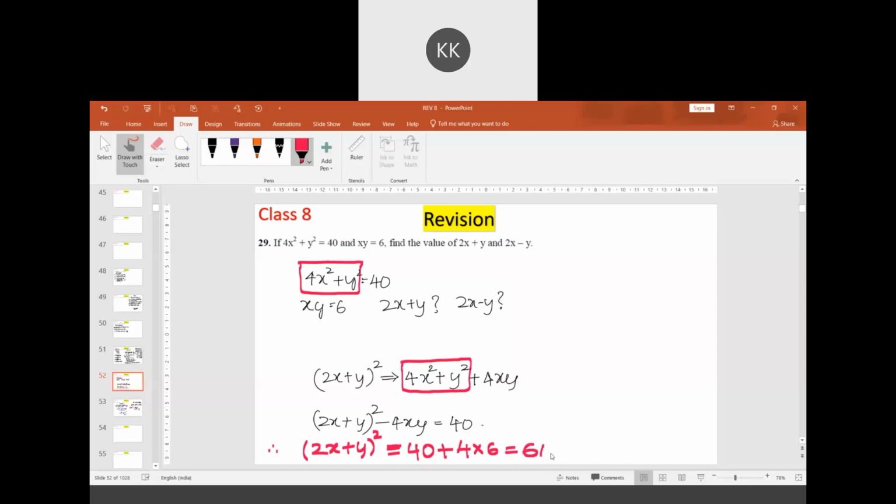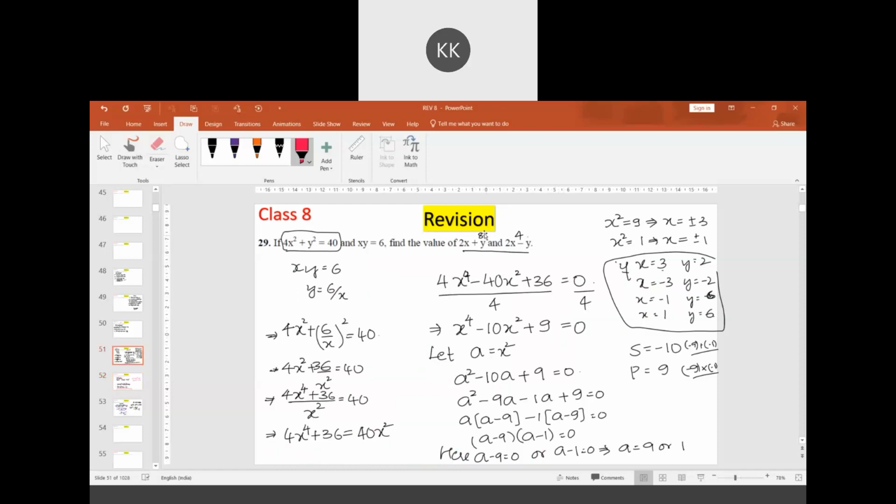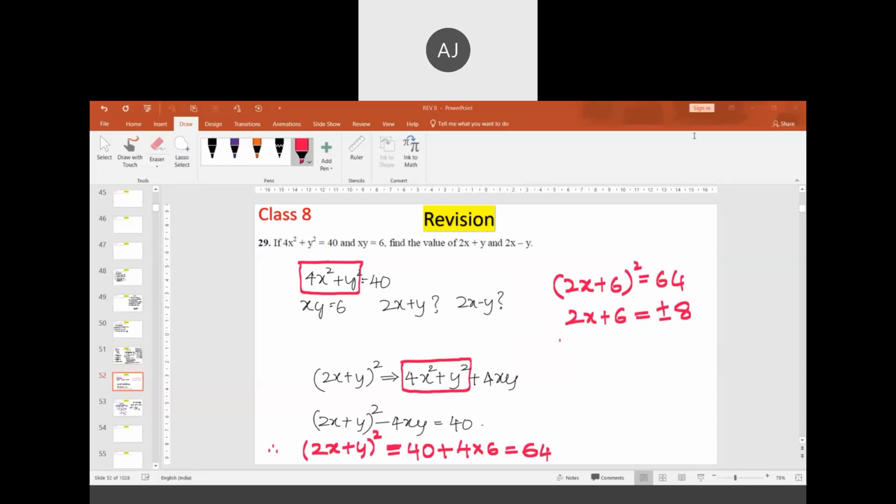So (2x + y)² is 64, so the value of 2x plus y can be plus or minus 8. Earlier also I said it is plus 8 or minus 8. So the answer is correct. So this is another method.